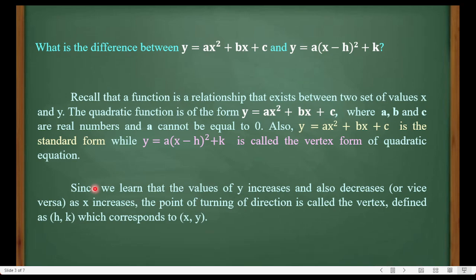Since we learned that the values of y increase and also decrease, or vice versa, as x increases, the point of turning of direction is called the vertex, defined by a pair of coordinates h and k, which correspond to the x and y coordinates or values.